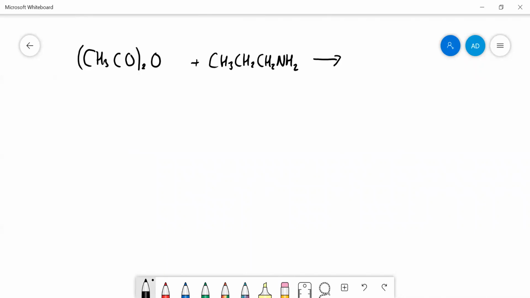What is this funny thing? Well, it's an acid anhydride, isn't it? So we've got a CH3C double bond O, then we've got this O there, and then we've got the second of those CH3O groups here.